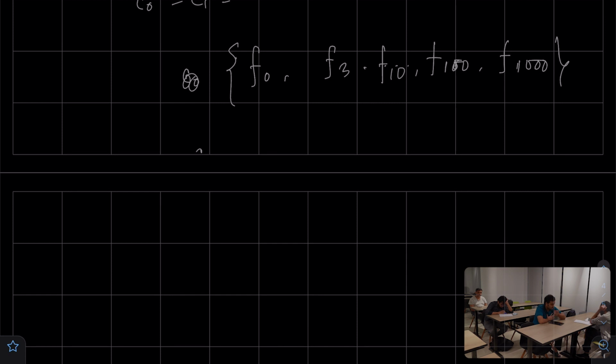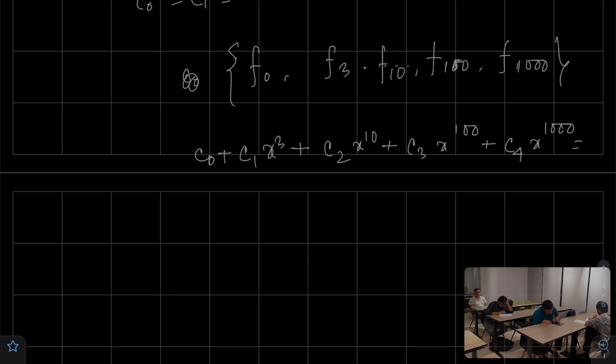If I take the linear combination of this, it will be C0 plus C1 x cubed plus C2 x to the 10 plus C3 x to the 100 plus C4 x to the 1000.